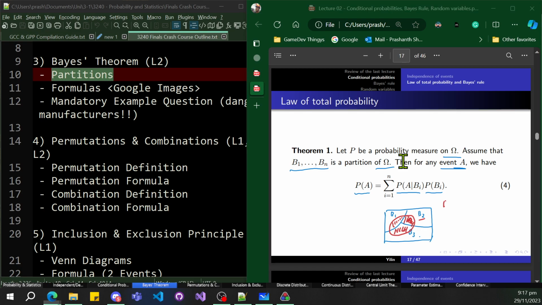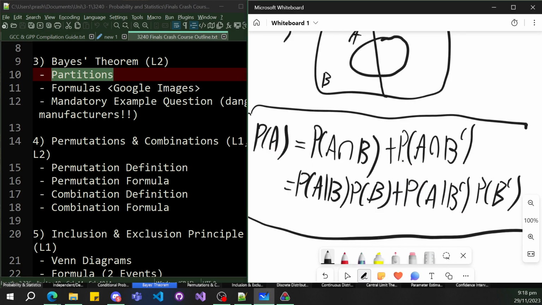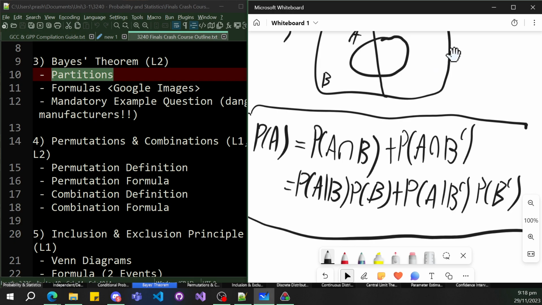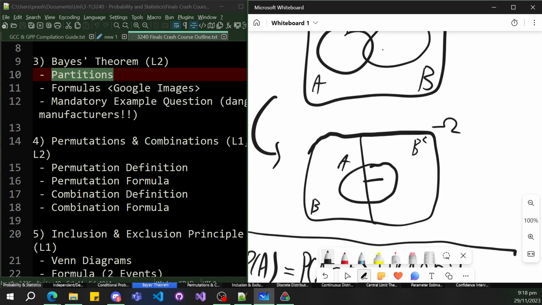Events can be partitioned into more than just two, not only B happened and B didn't happen, like B and B complement. But I don't think we've really come across more than two partitions. If we ever do, it is the same idea. If we add another part, say BE, there will be one part here, one part here, and one part here.